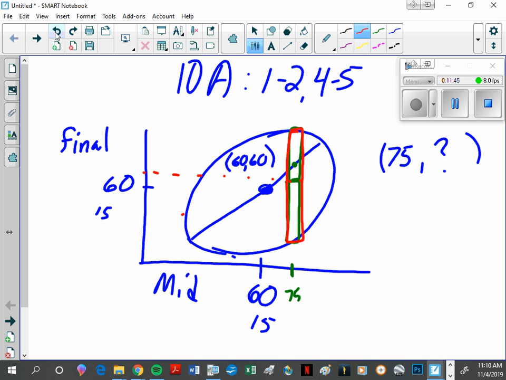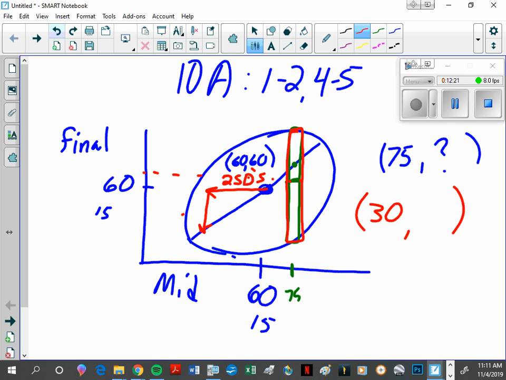All right, the next one says 30. So 30 comma what? Well, 30 is how far to the left? 30 is 30 units away from 60, and 30 units in SDs is 2 SDs. So I need to go down 2 SDs, but I'm going to go down too far.